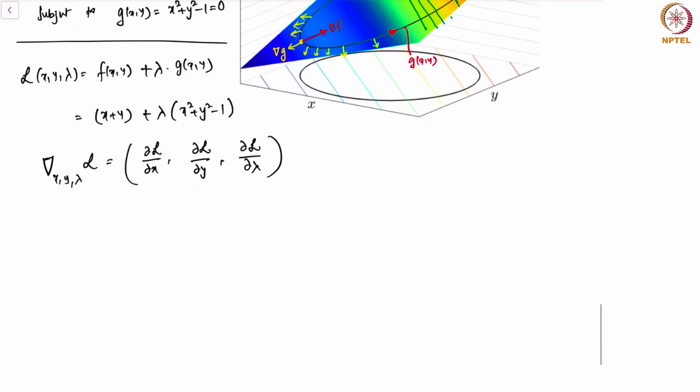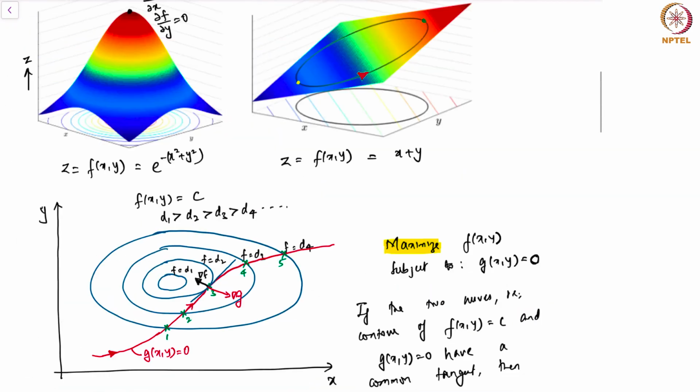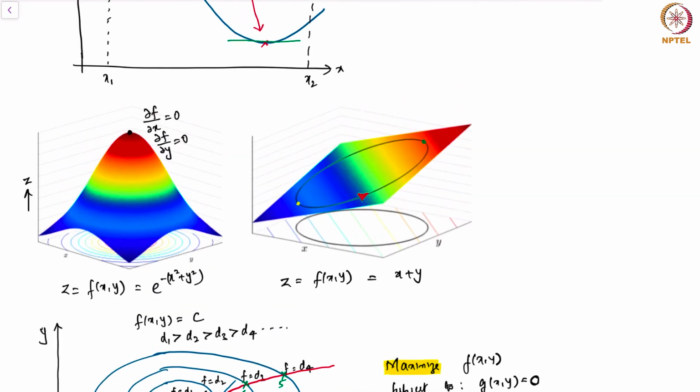We are just trying to find the stationary points of this. How do we find the stationary points of a function? We set all the partial derivatives of that function to 0. This is exactly what we had done to determine, let's say, the maxima of this Gaussian. The maximum of this Gaussian f of x comma y is obtained by setting all the partial derivatives of this function to 0, and it's a function of two variables x and y. Therefore, both the derivatives are set to 0 and we get the tangent plane.